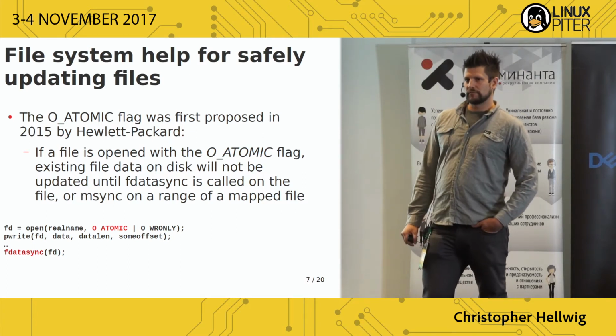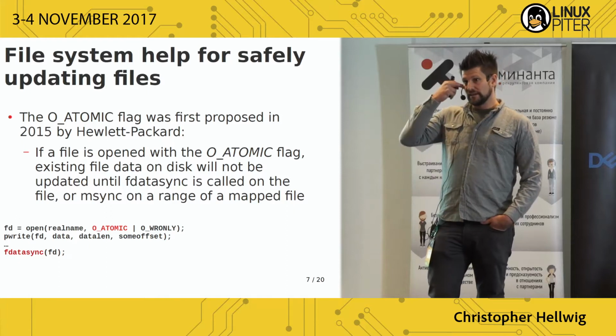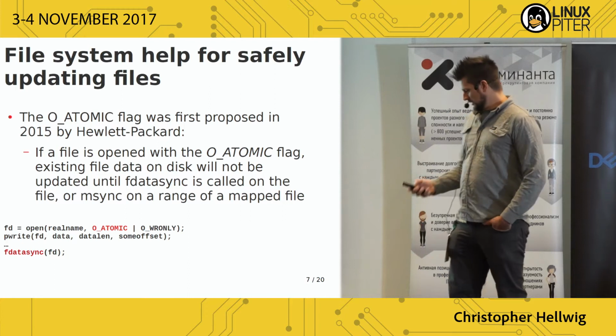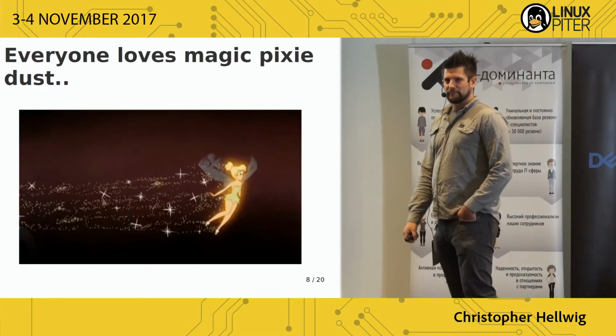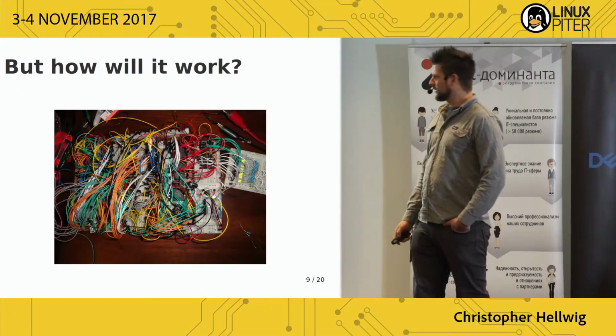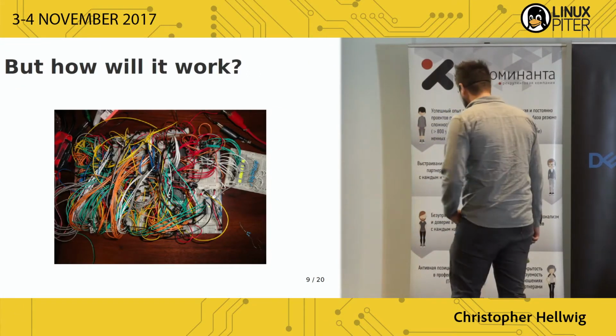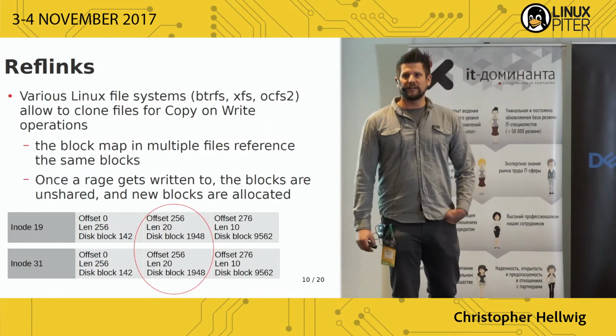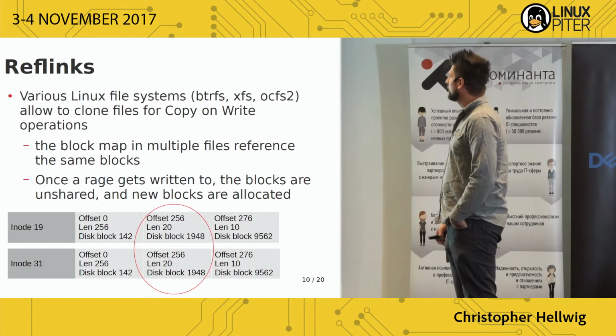So that means when your write system call returns, data is either all on disk or none of it if it fails. And, well, sounds like magic pixie dust, right? Pretty easy, but how is this actually going to work? Well, it actually turns out to be relatively easy due to things we did before.